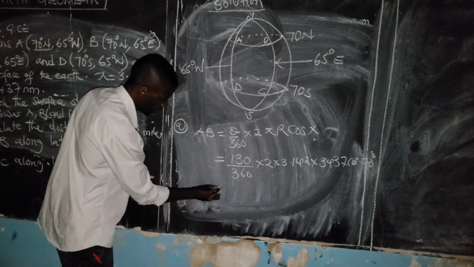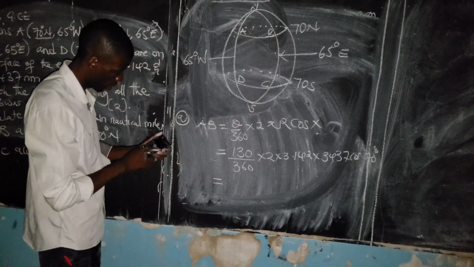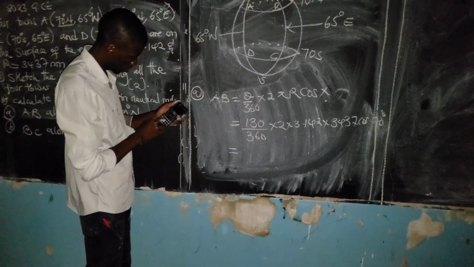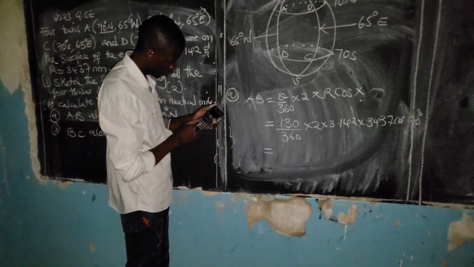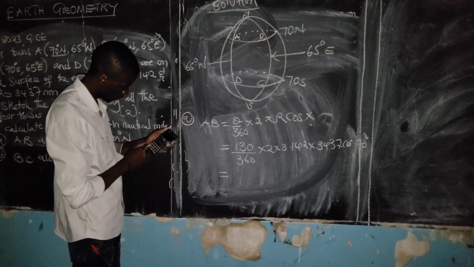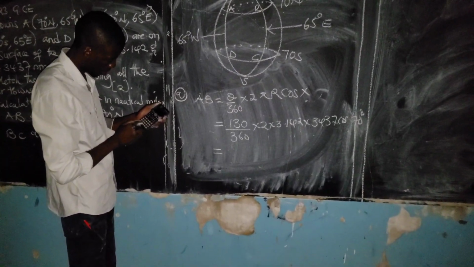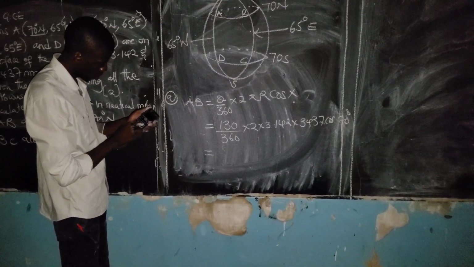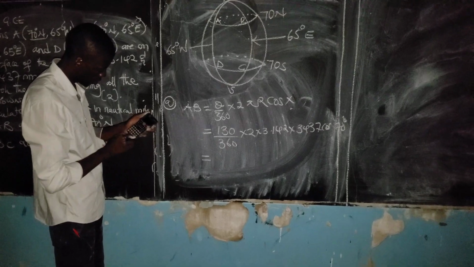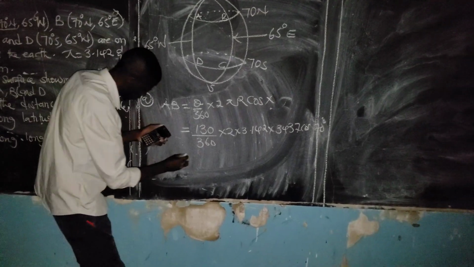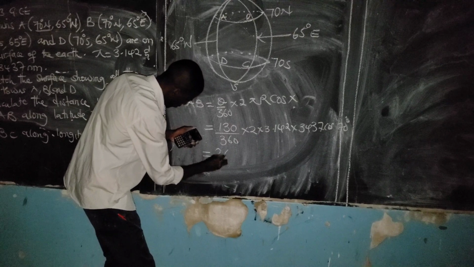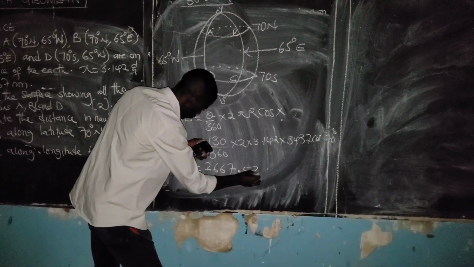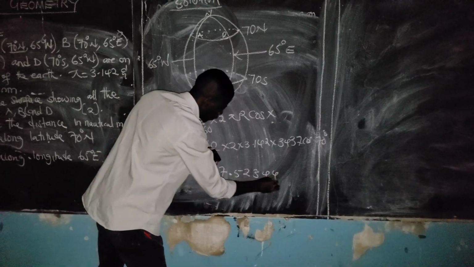So comfortably you get your calculator, you punch 130 divided by 360 multiplied by 2 multiplied by 3.142 multiplied by 3437 multiplied by cos 70, which gives us 2667.523442.